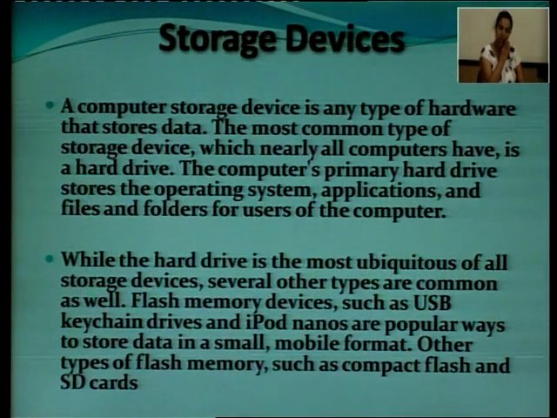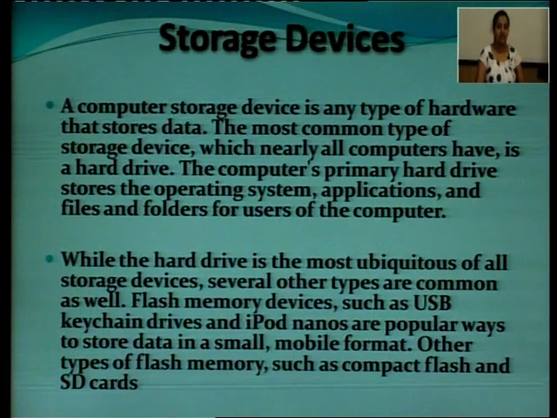Then comes the storage media. A computer storage device is any type of hardware that stores data. The most common type of storage device, which nearly all computers have, is the hard drive. The computer's primary hard drive stores the operating system, applications and the files and folders for the user of the computer.